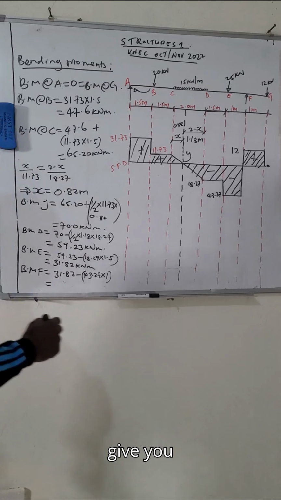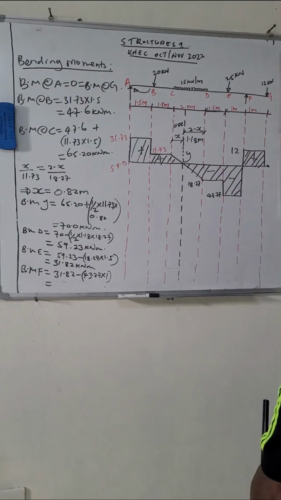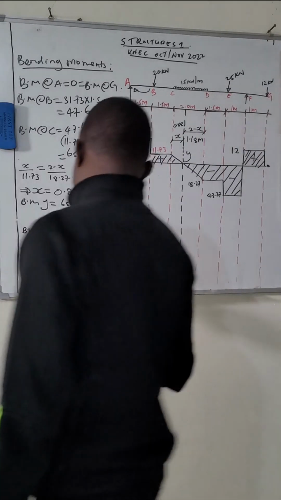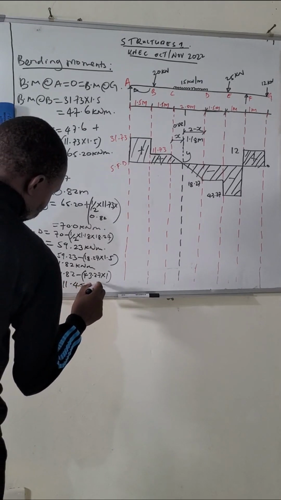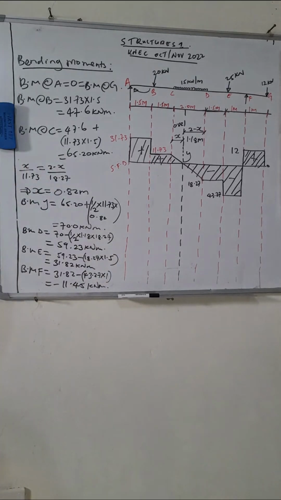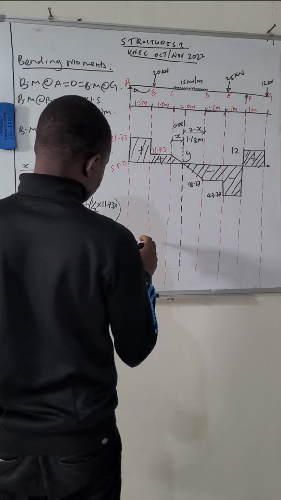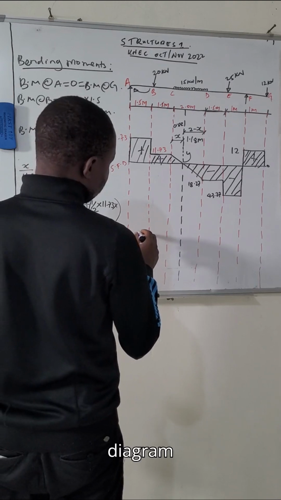So this one will give you negative 11.45 kilonewton meter. So that is it. You can now draw our bending moment diagram.